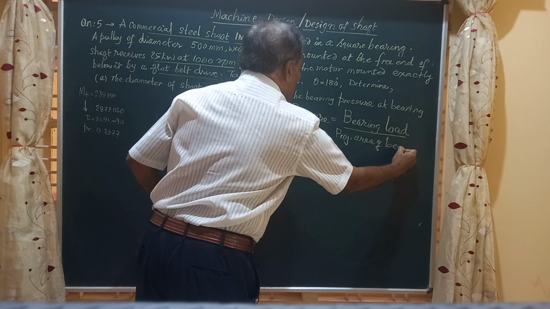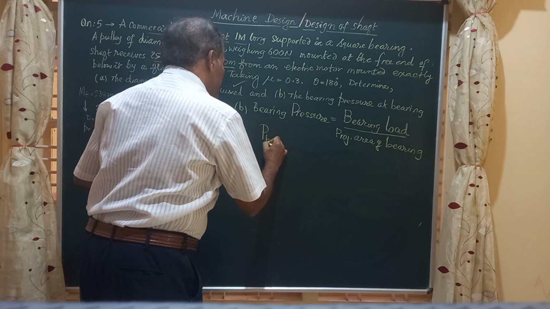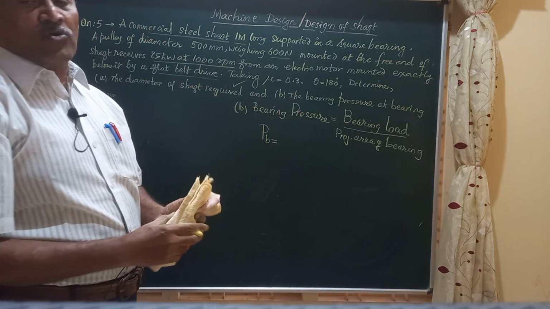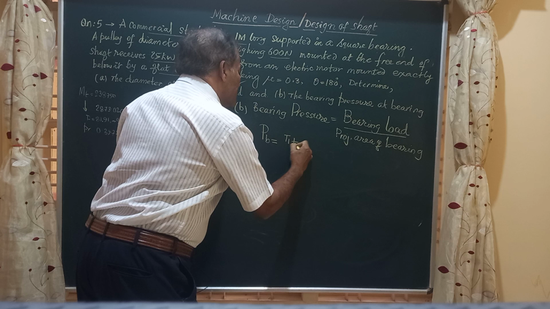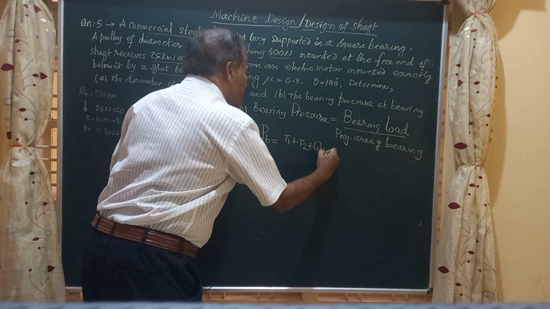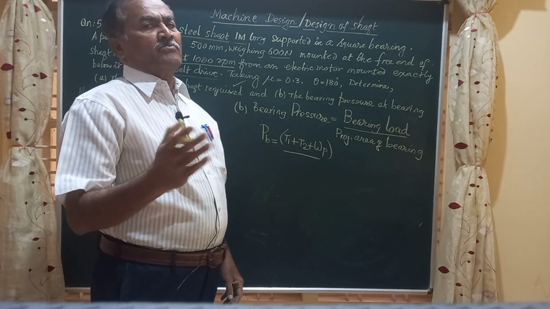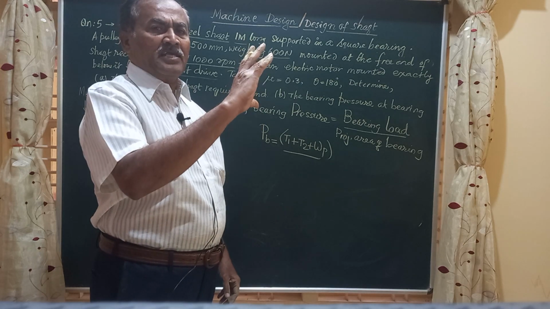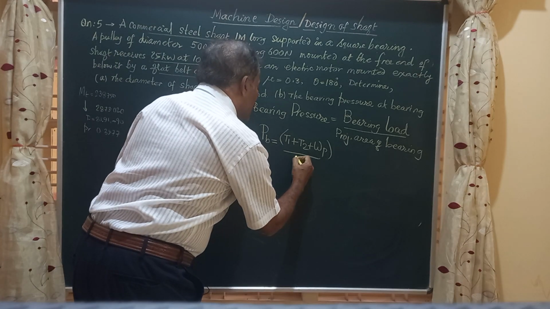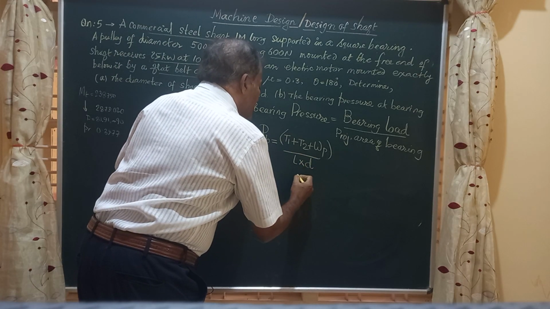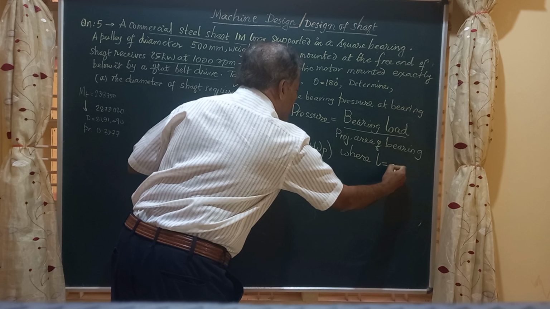We will represent this bearing pressure as PB, P suffix B, equal to bearing load. What is bearing load? That is the total vertical load acting, that is nothing but T1 plus T2 plus WP divided by the projected area of the bearing. So the bearing is a square bearing. It will have L and D. We know the value of D. Since it is a square bearing, L is equal to D. So I'll write this as L into D, where L is equal to D for a square bearing.